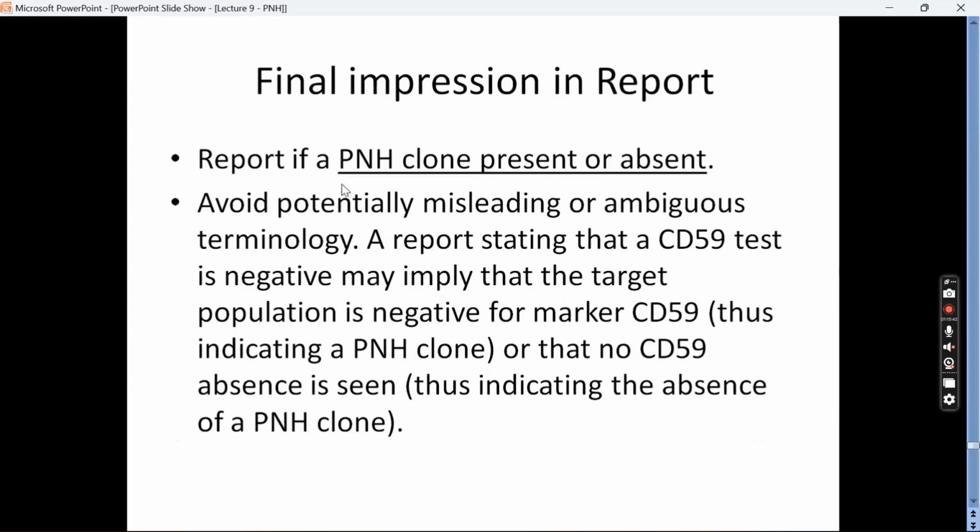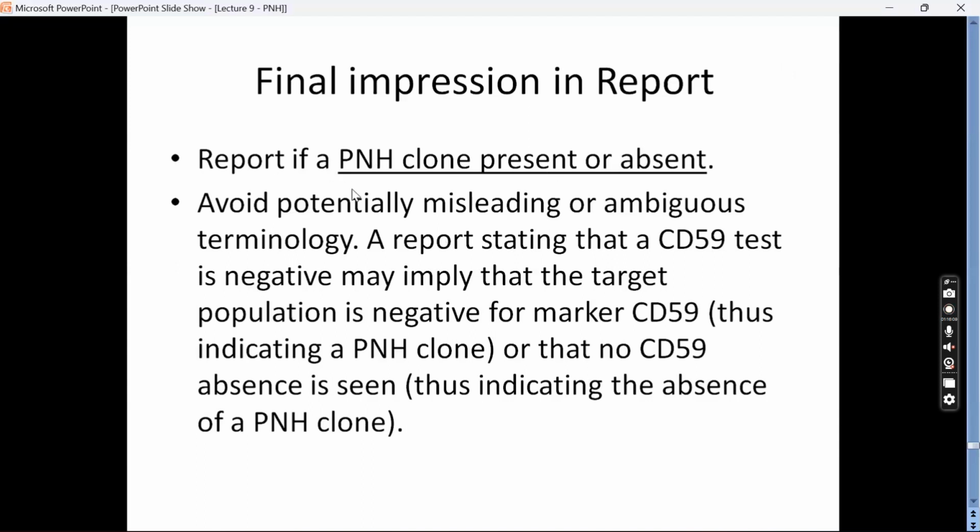You should report crisply and clearly whether the PNH clone is present or absent. You should not even use words like detected, undetected, because you may confuse whether the clone is detected or the marker is detected. So you should not use such terminologies.